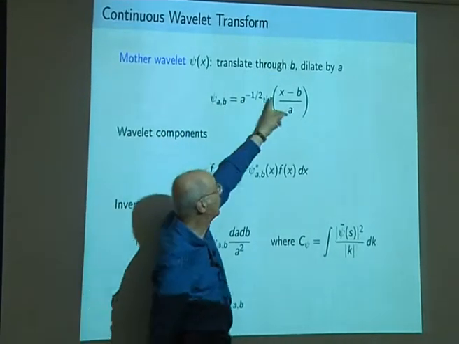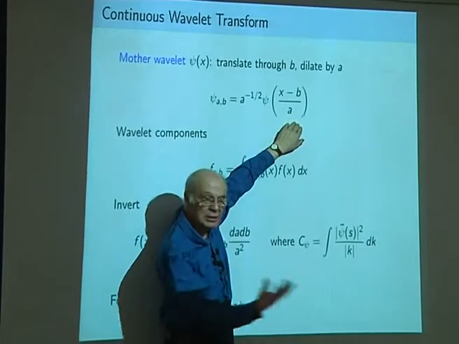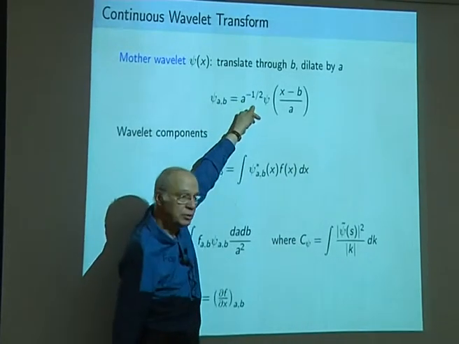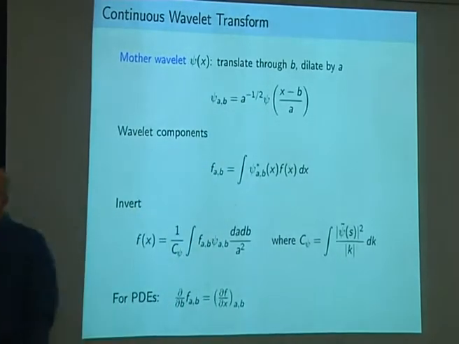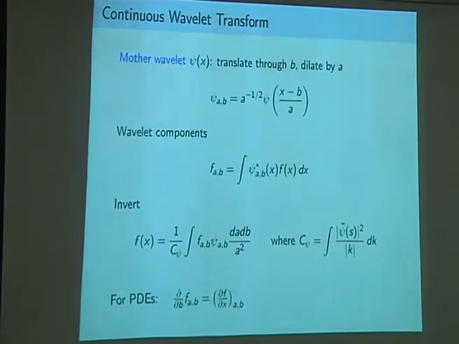You translate the mother wavelet through a distance b, and you stretch the scale by a. And then there's this little 1 upon the square root of a outside, which is to make sure the integral of psi squared remains 1 in its stretched forms.